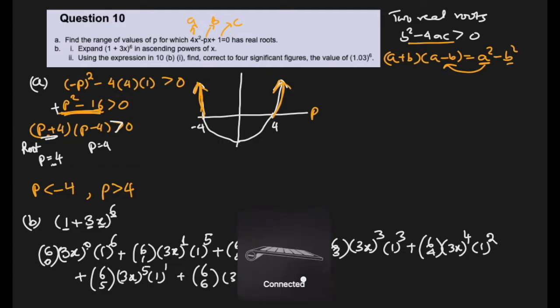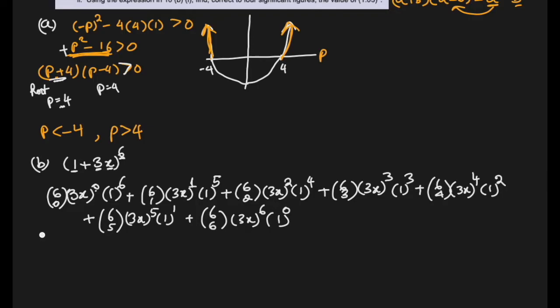So let me evaluate them. So 6c0 is 1, this is 1, this is also 1, and this is also 1. So total we get here just 1.